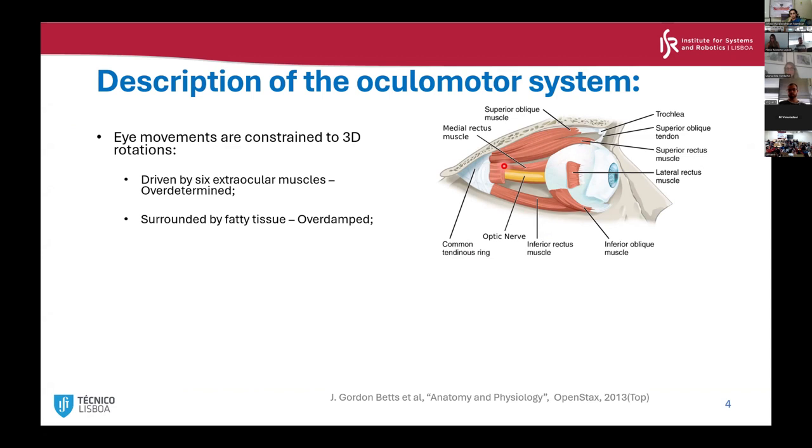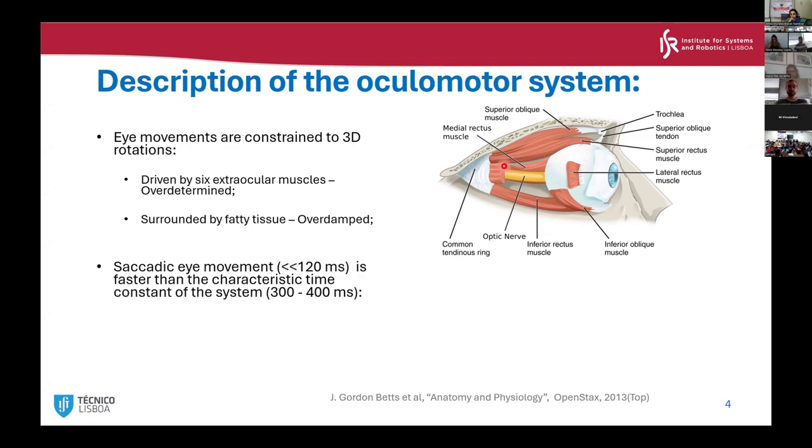Moreover, the interaction between this organ and the fatty tissue that encircles it makes this an overdamped system. Note, though, that despite this overdamped nature, saccadic movements are known to occur over time scales much shorter compared to the characteristic time constant of the system.